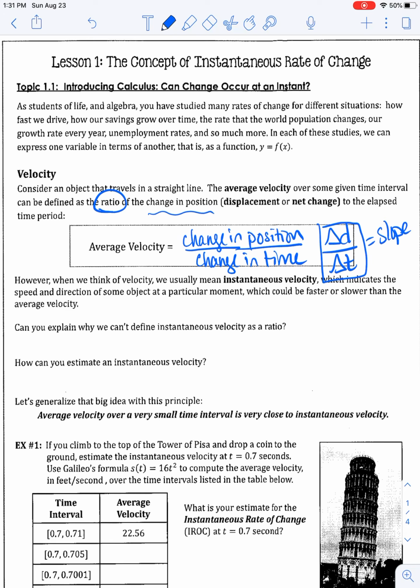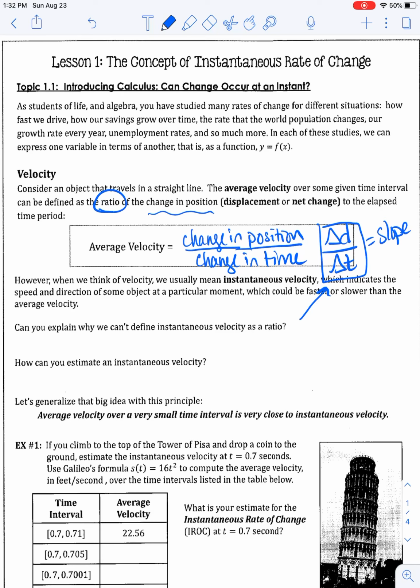Can you explain why we can't define instantaneous velocity as this ratio? So think about it. Instantaneous velocity would be delta D over delta T. So what would go wrong in trying to figure that out for something that occurs at an instant?